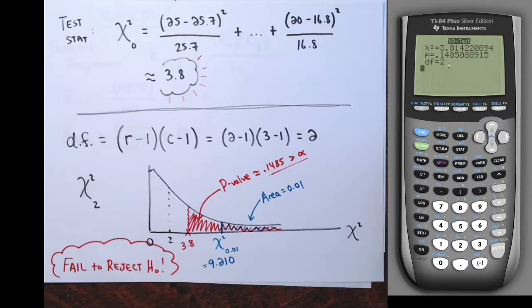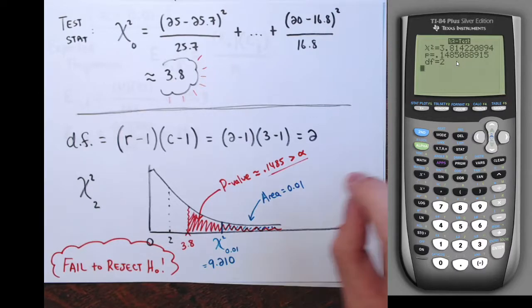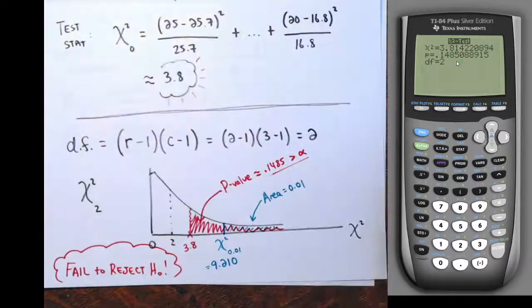But yeah, you could also just enter your observed values into a matrix and run this chi-squared test and see the p-value, right? And compare the p-value to alpha to determine whether or not you'll reject the null hypothesis of homogeneity. Okay, so I just wanted to point that out as well.